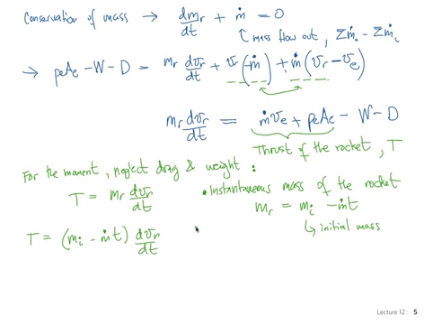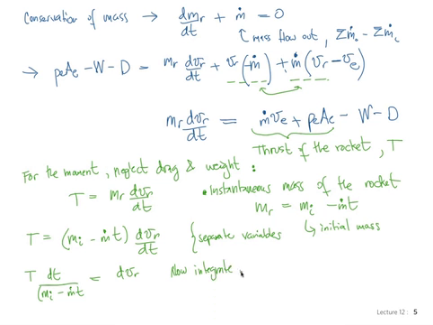So now we separate variables. And we have T, thrust, dt of time, right? And take this to the other side, m initial minus m dot t, equals dV_r. Now integrate. The integral of 1 over x is a logarithm.